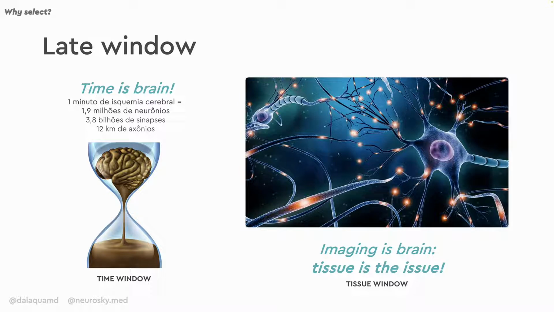Each patient has different characteristics, and imaging is mandatory nowadays so that we try to tailor the imaging protocol and the treatment for each patient, because we're now in the era of personalized medicine. So nowadays, we have to consider not only the time window, but also the tissue window.